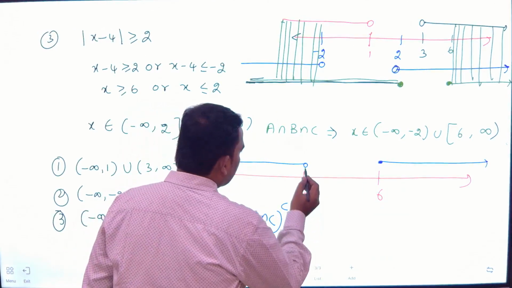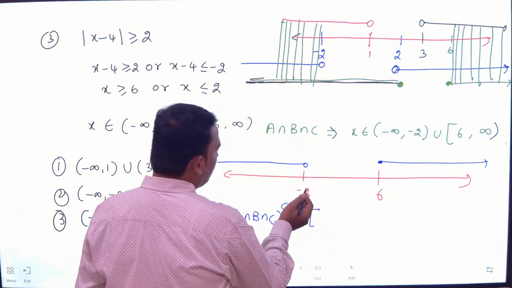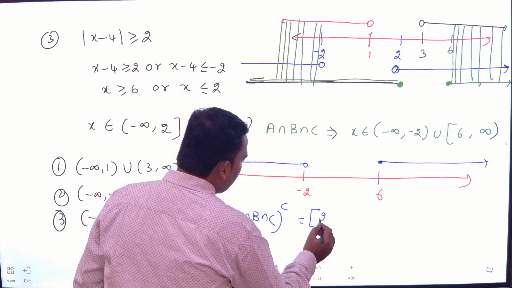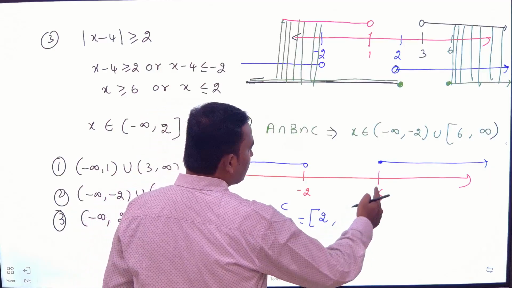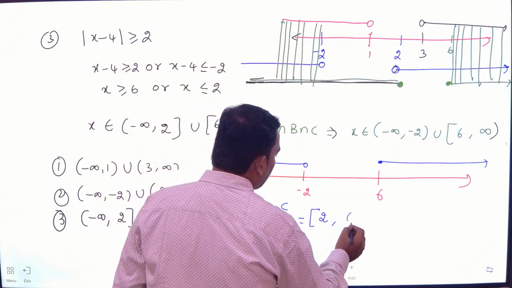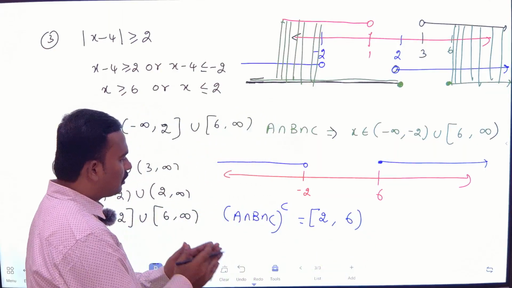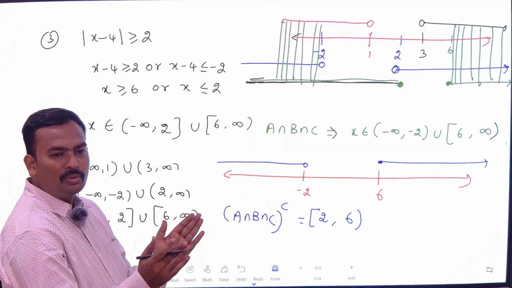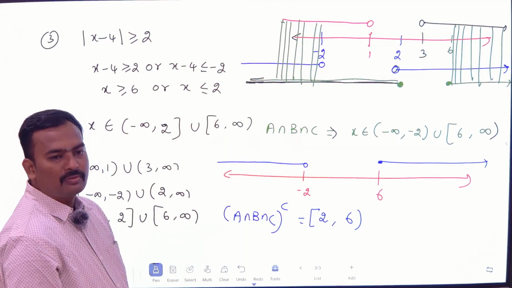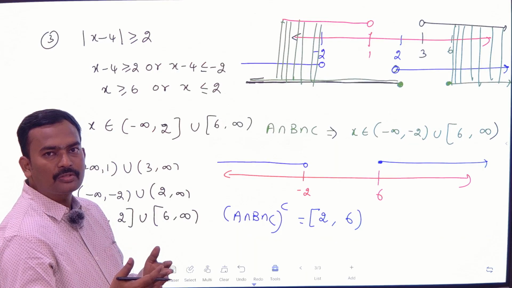Then what will we get? Here minus 2 is not included, so the complement should include it. Then here 6 is included, so the complement would not include it, right? The closed interval minus 2 to open interval 6, that is the complement of A intersection B intersection C.